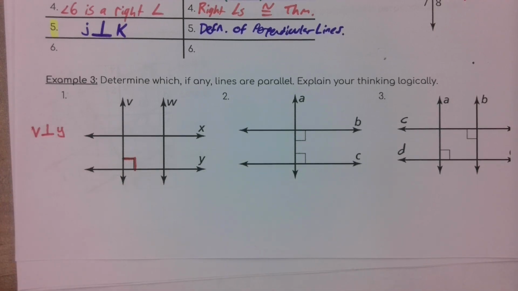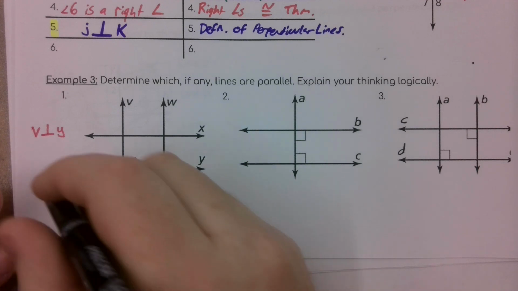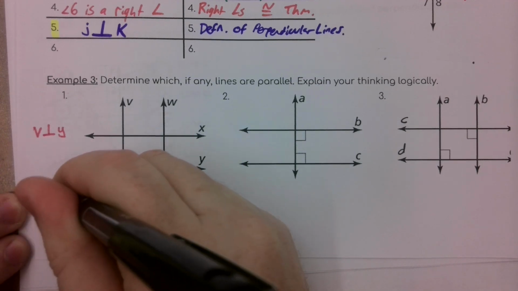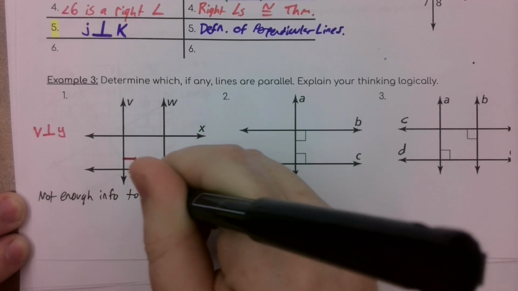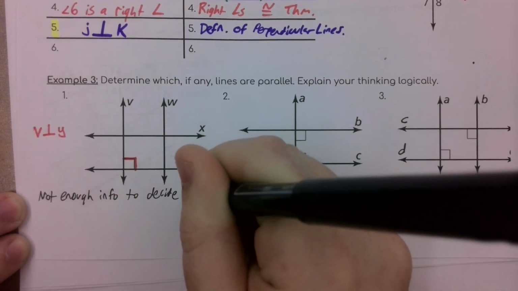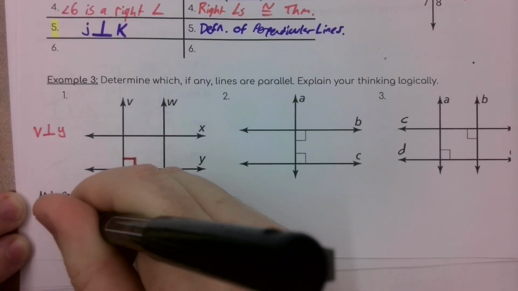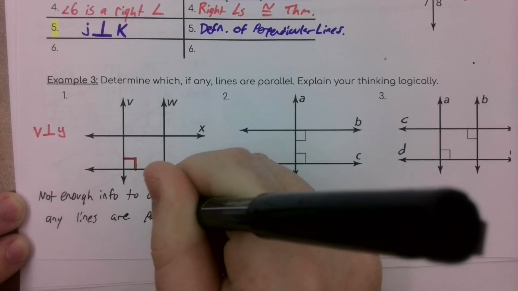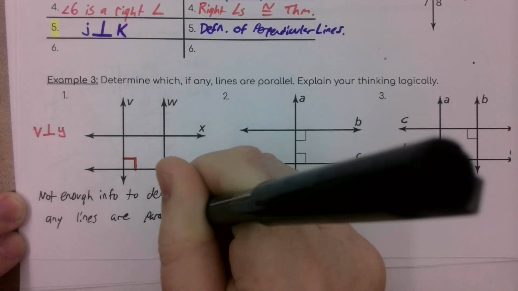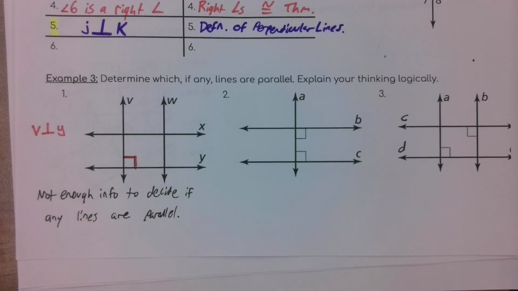There's not enough information. So we could say not enough info to decide if any lines are parallel. And that's an okay answer. If there's just not enough info, don't assume that they're parallel.